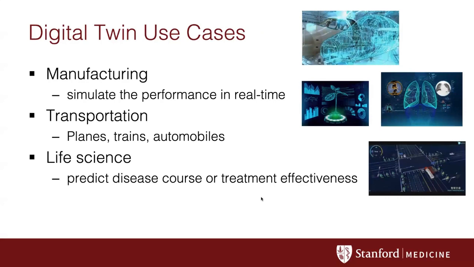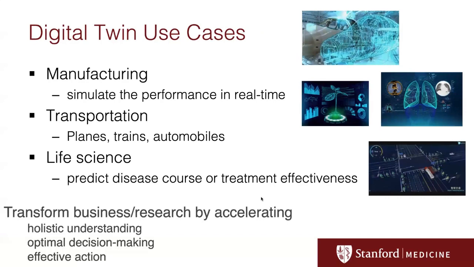What's important is that digital twins are starting to transform business and research by accelerating a more holistic understanding of an entire system, using the digital twin to optimize decision-making and for effective action evaluation. So there are a lot of opportunities to think about the digital twin use case in our small population sizes and rare diseases.